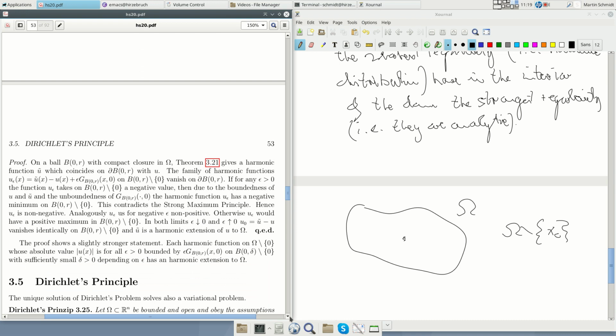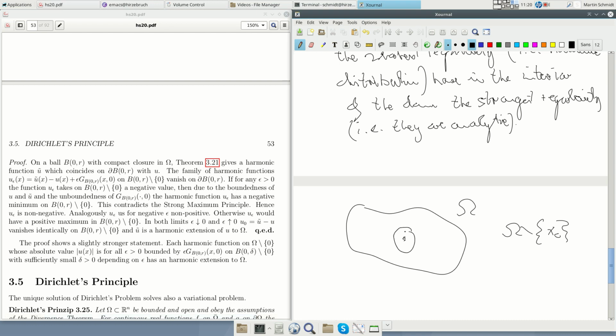Now this proof is very nice. So we use on a ball with compact closure in omega we have this formula. So we define U tilde, the unique harmonic function in the inside.